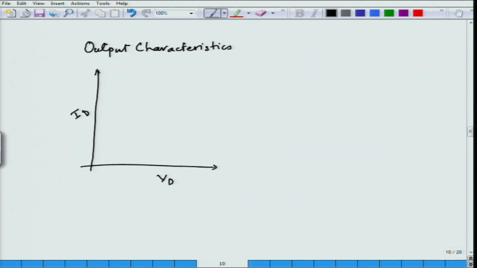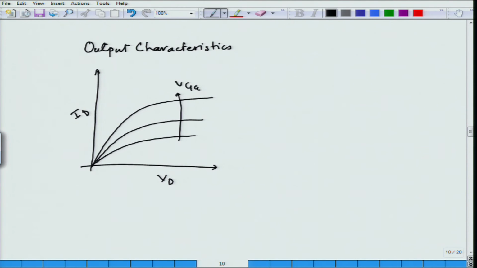Then, depending on how much gate voltage I apply, there will be accumulation of the carriers, and at different gate voltages I am going to get a drain current, and a saturation will also be seen. So, this is the way where Vg is becoming more negative.